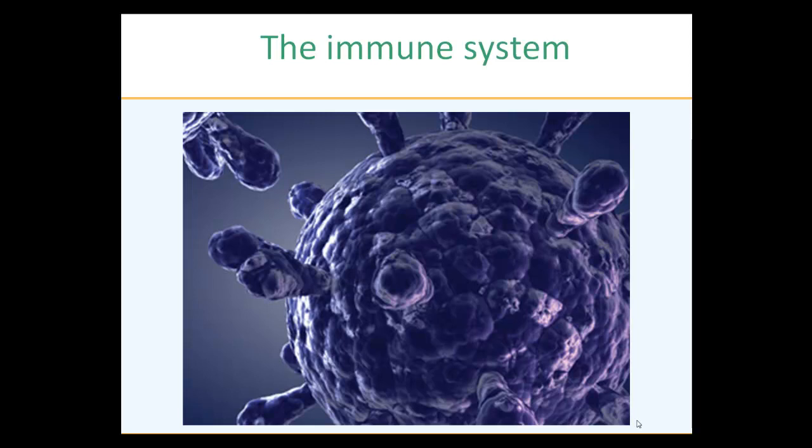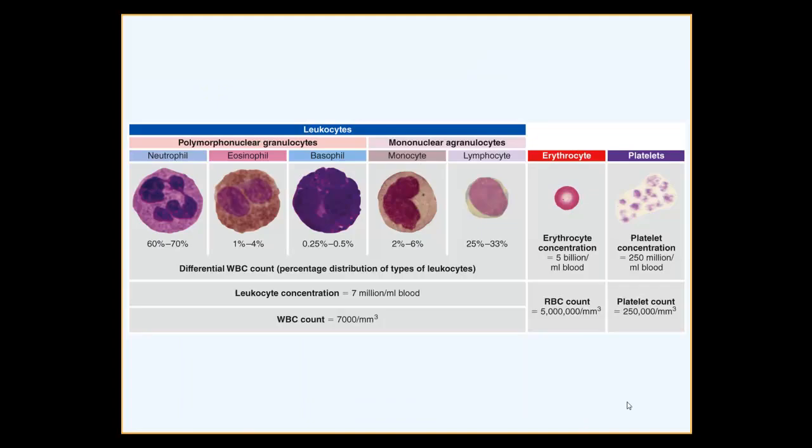Let's start first with our innate immune system, to remind each other of the blood cells that we will be talking about in this chapter. We will be discussing a lot the neutrophils.